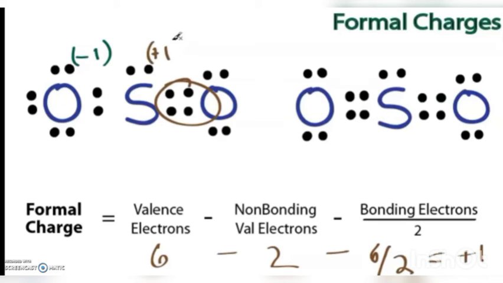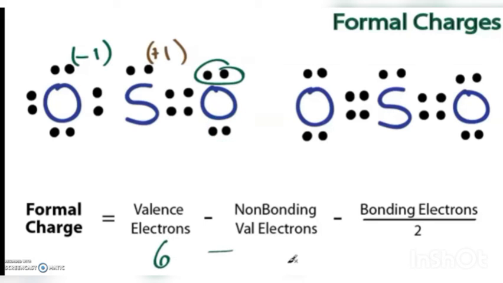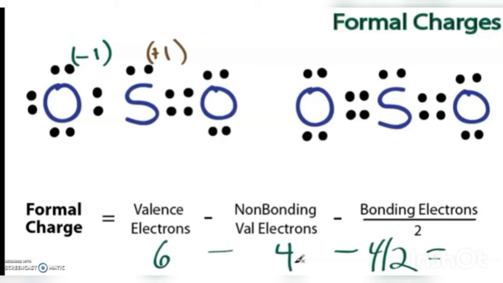Similarly, we have to find it on the other oxygen also. For each atom we have to find it. Non-bonding valence electrons are 4 in this oxygen, and bonding electrons are 4. If we calculate, we get 0. So the charge on this oxygen is 0.